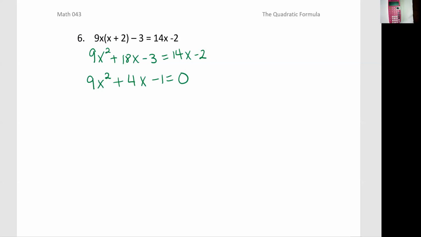And the quadratic formula is the one I'm going to use here. And I knew I needed to use the quadratic formula because if I tried to factor, I would need the factors of -9 that added to 4. And I'll let you work it out.